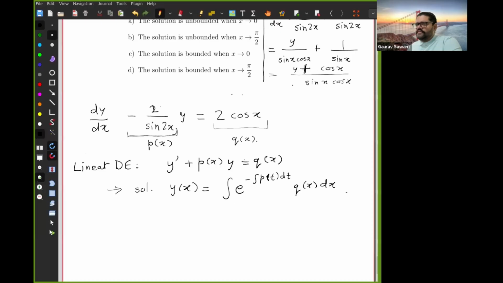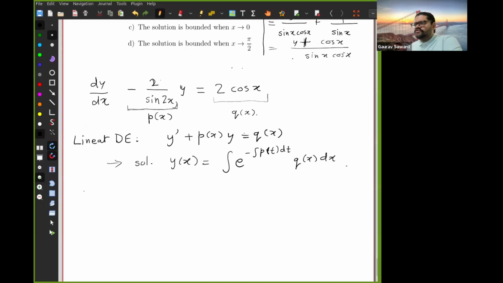This turns out to be the case when you have linear differential equations, right? So I think this can be solved in that way. That is far easier. Okay, let's do it.